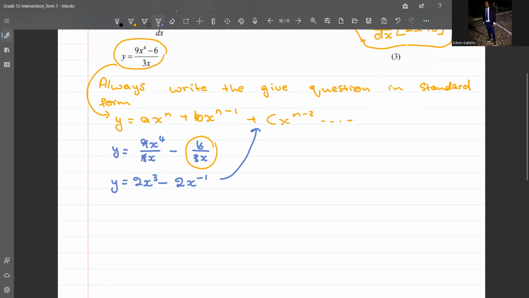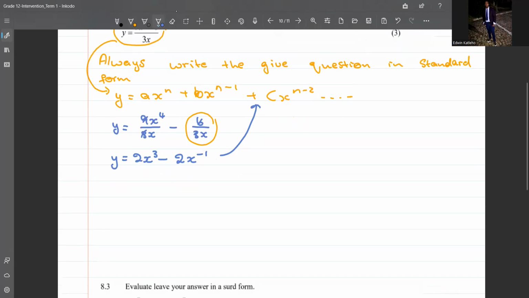Once we have our equation in a standard form, we can then use the derivative. Up to here, this is what I have as my equation in its standard form. Now we can derive dy dx, which is what we are looking for.